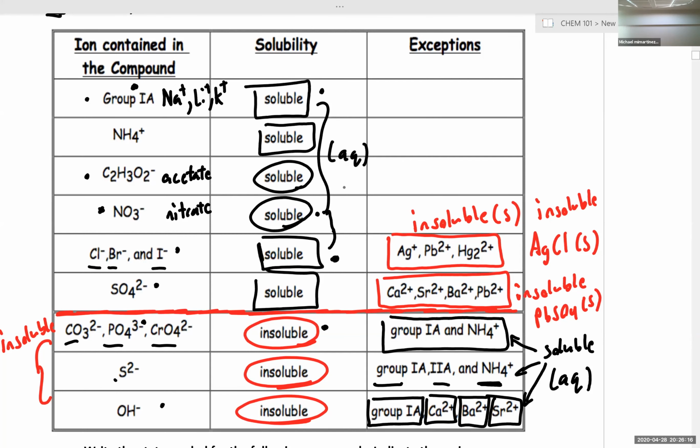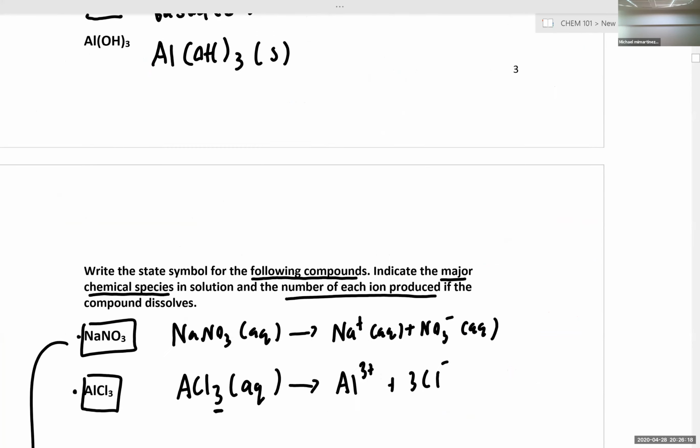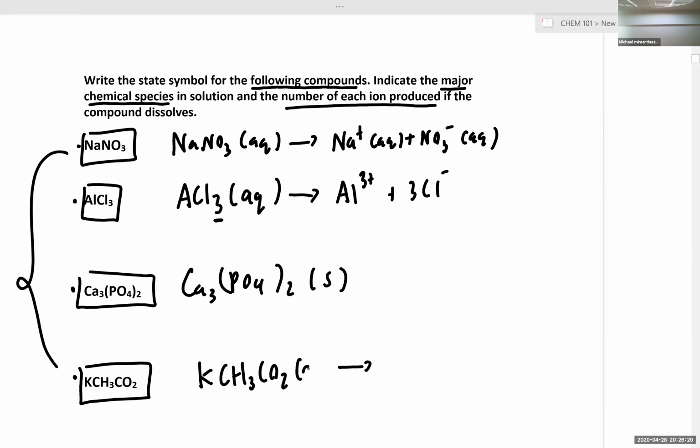Looking at our table, soluble, exactly right. So they get an aqueous symbol, and we break potassium acetate into its component ions, which is potassium plus and acetate, which has a -1 charge.